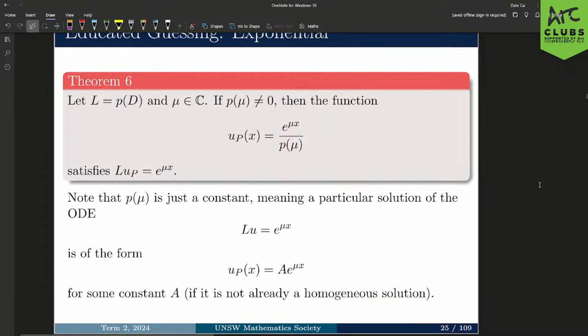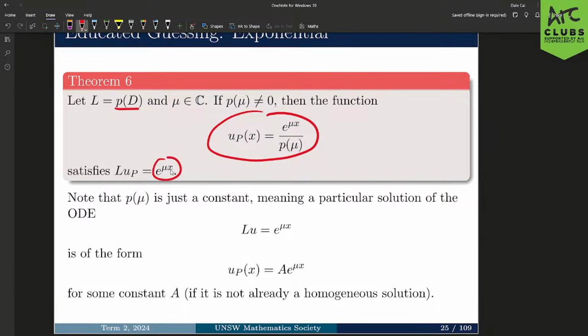Another guess we can make is, okay, again, if L is a polynomial of the differential operator, and P of mu is not 0, and here mu is the power of e, then if the right hand side is e to the mu x, this is a particular solution to the differential equation.